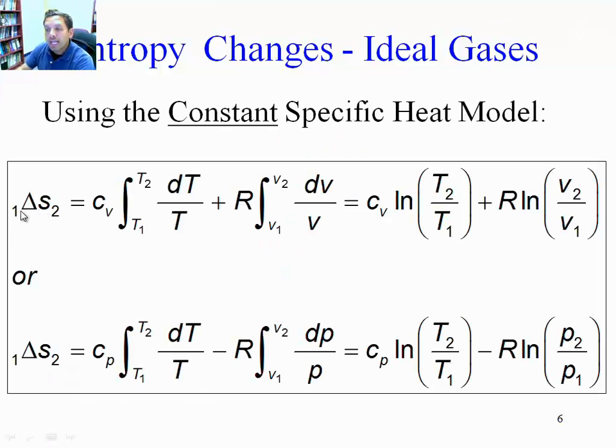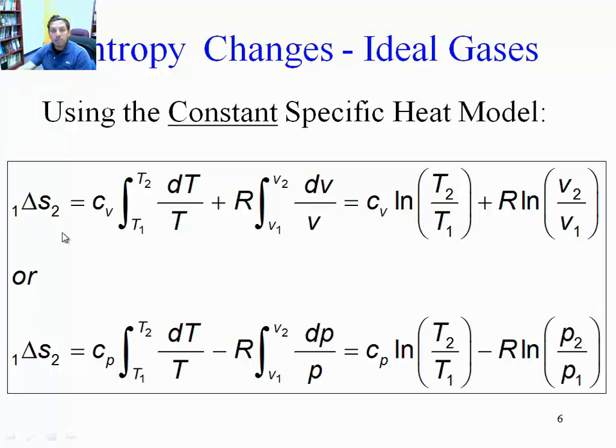So the change in entropy from state 1 to state 2 becomes Cv times, assuming that Cv is a constant, we took it out of the integral, the integral from T1 to T2 of dT over T, plus R, we took it out of the integral because R is a constant, we don't have to assume anything, the integral from V1 to V2 of dV over V. Now we know that the integral of dT over T is the log of T, and the integral of dV over V is the log of V. When evaluated between T1 and T2, that's the log of T2 over T1, and between V1 and V2 it is the log of V2 over V1.